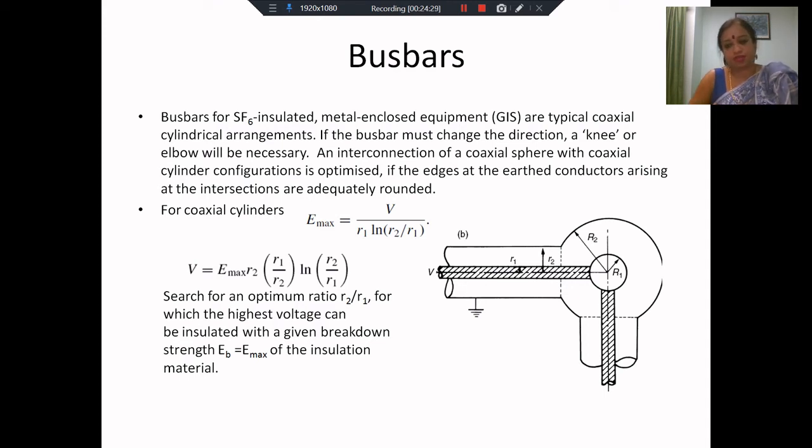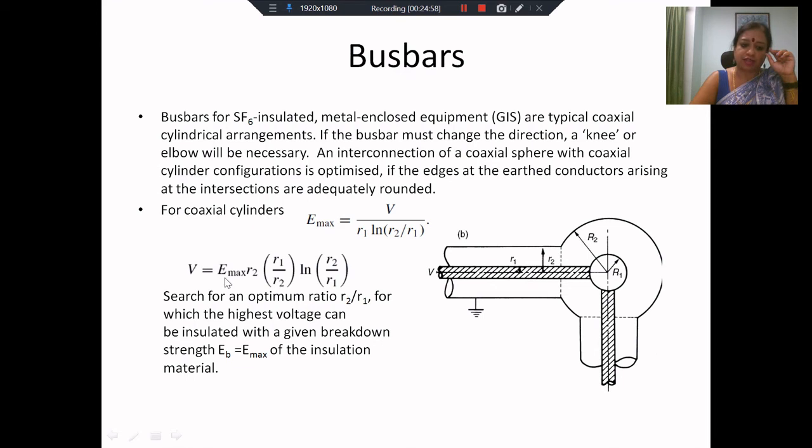Let me repeat what I'm trying to say. I have a GIS, and I know the outer diameter. That is decided by some factors, maybe because of the space available to me or the trench that has been dug. I have already decided what is my R2, that is the radius of the outer conductor, the outer enclosure. Now, I also know what could be the maximum value of the electric field on the surface of the inner conductor.